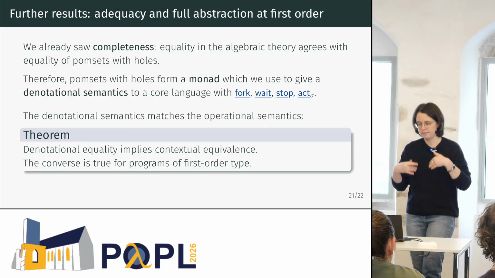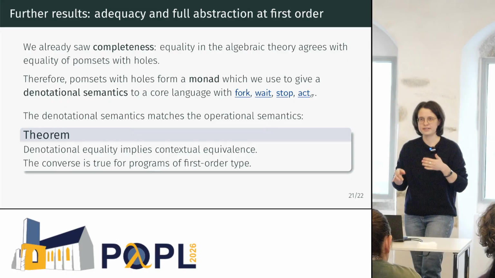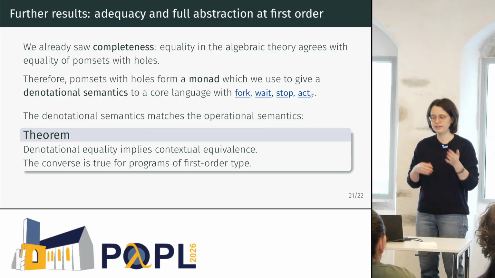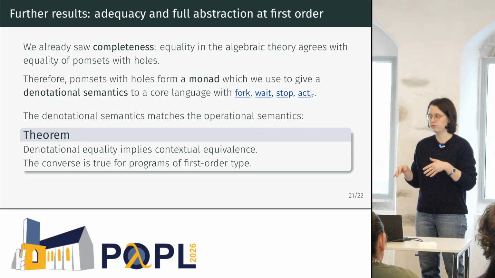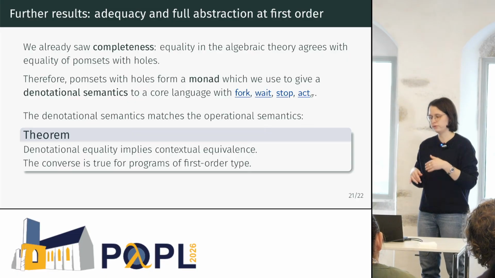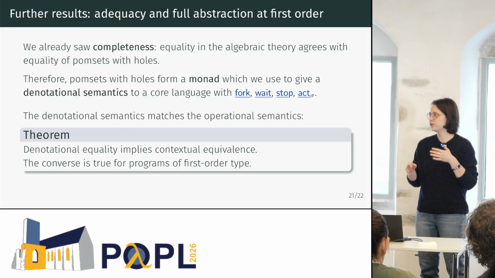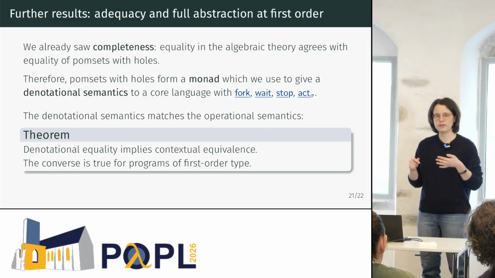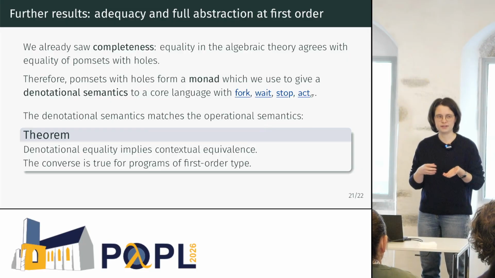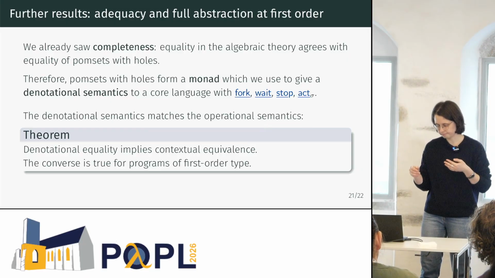I've already mentioned the completeness theorem, which said that equality in the algebraic theory agrees with equality of POM sets with holes. And because of this, POM sets with holes form a monad, which we then use to give a denotational semantics to a language with forking, waiting, stopping, and act.